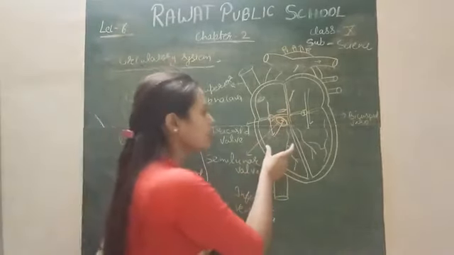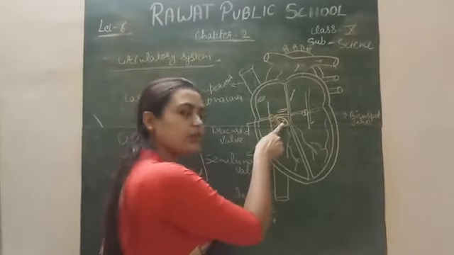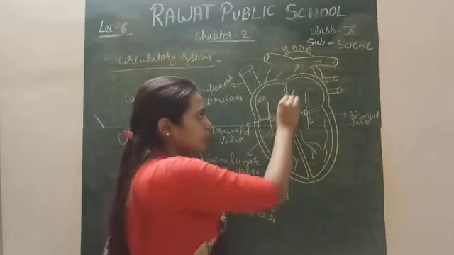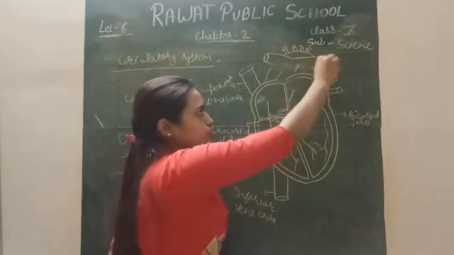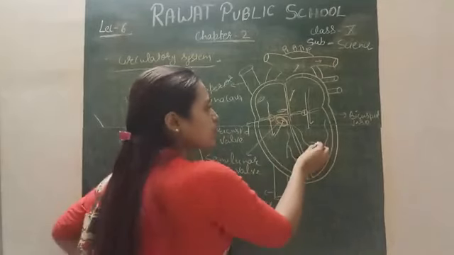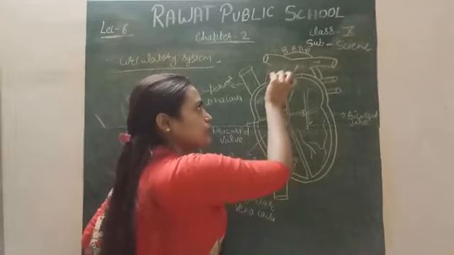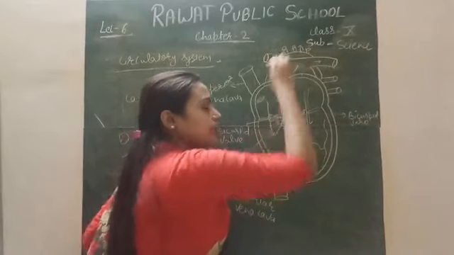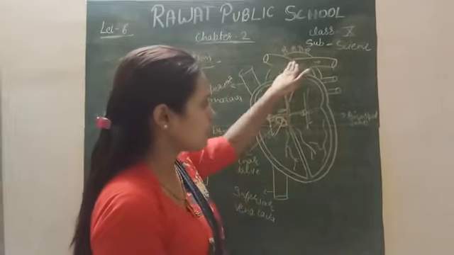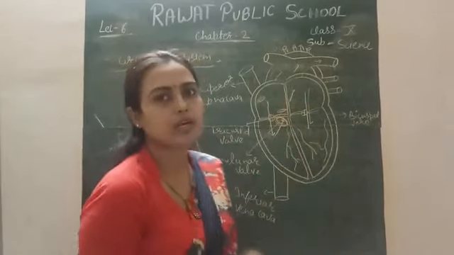When the ventricles contract, the right ventricle's semilunar valve opens, and the deoxygenated blood goes with the help of the pulmonary artery into the lungs for purification. And from the left side, the oxygenated blood goes into the aorta, the largest artery, and through the artery goes to the different body parts. When the blood goes into the pulmonary artery and the aorta, the wall of the ventricle relaxes.